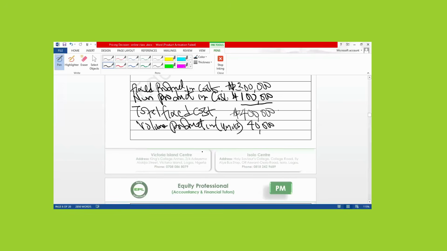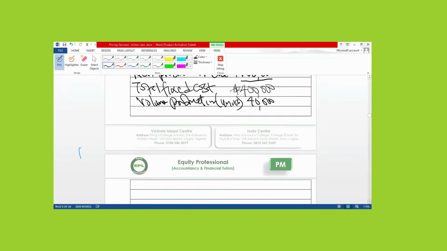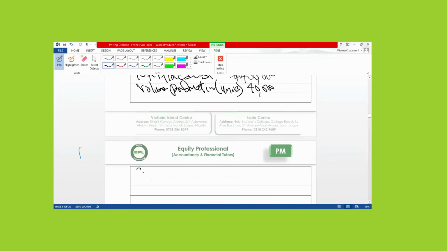I can get fixed cost per unit now. Total fixed cost divided by number of units. 400,000 divided by 40,000 units.